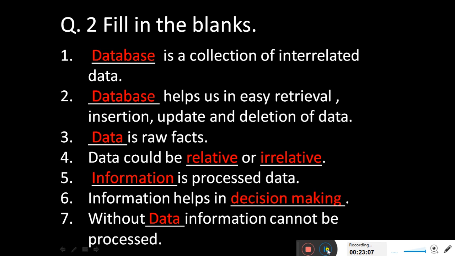We can process the data to generate the information. Information helps in decision making. We have already studied all these things, right? Without data, information cannot be processed. So these are the answers. You just write it down, note it down and practice it. Just read it at least once.